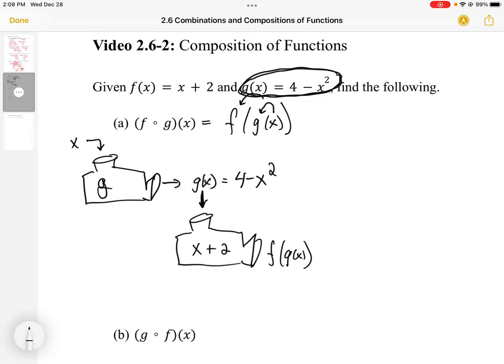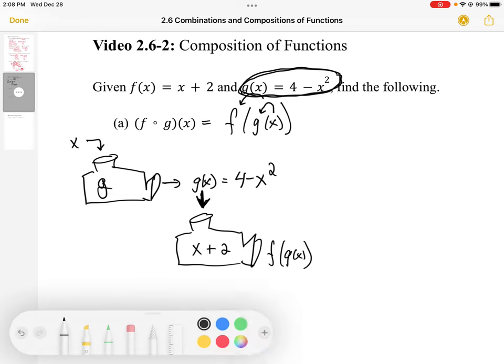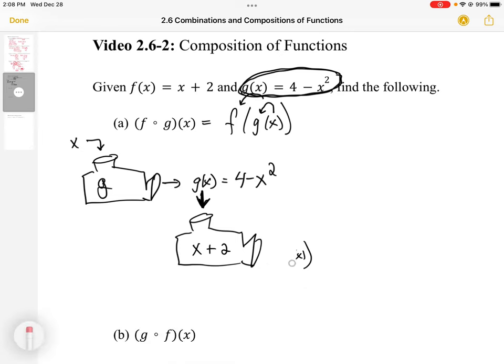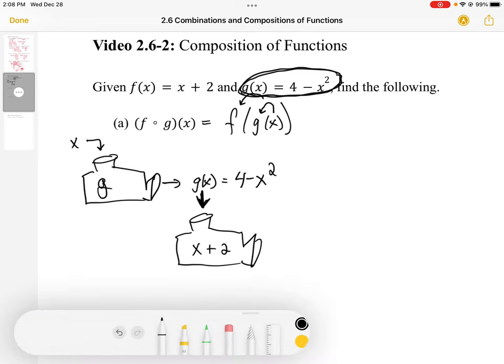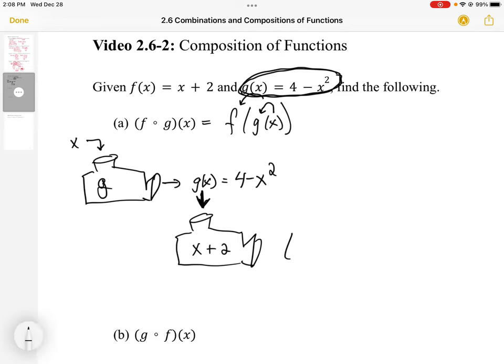So when we input 4 minus x squared into x plus 2, we are inputting 4 minus x squared everywhere we see an x. So our output ends up being 4 minus x squared plus 2. So this x has been replaced with 4 minus x squared.